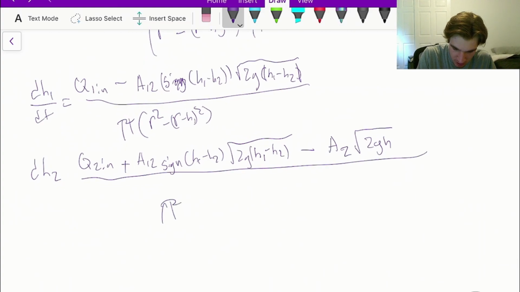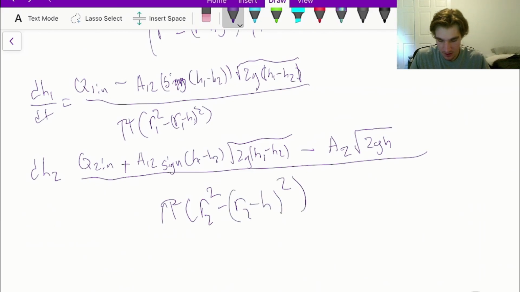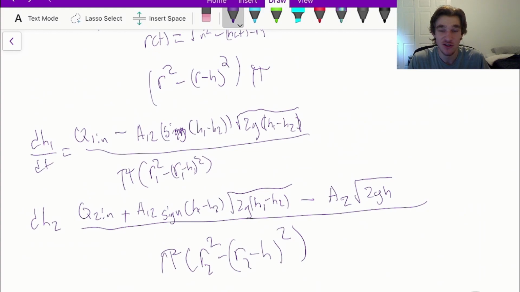This is h1, this is going to be h2, and the r's are also. There you have it. Those two equations we will be putting into our code, and I'll show you how to code here in just a moment.